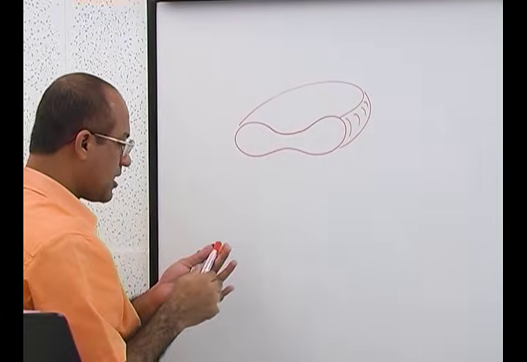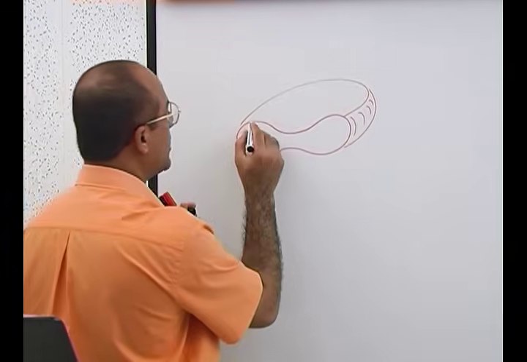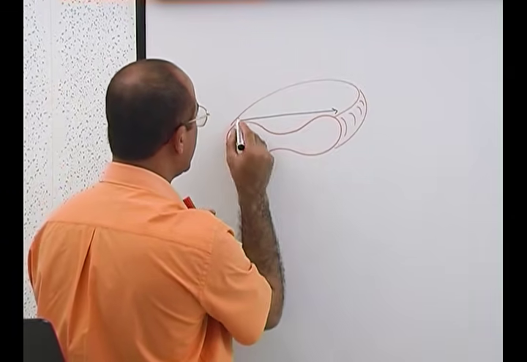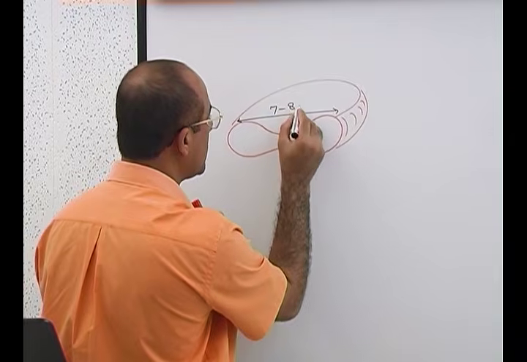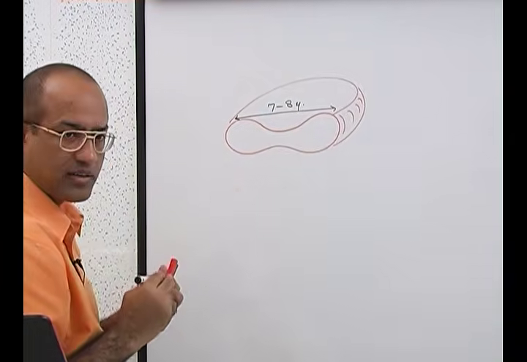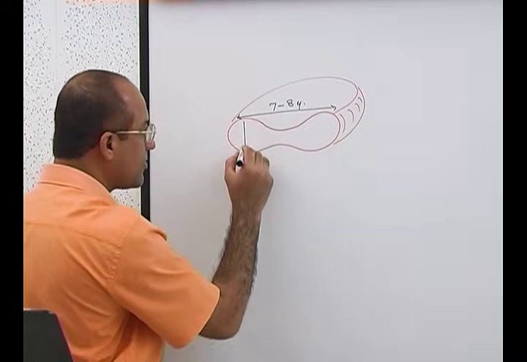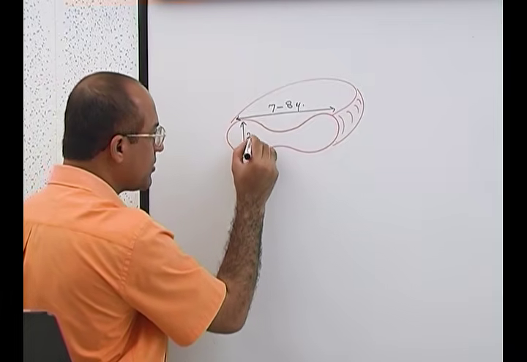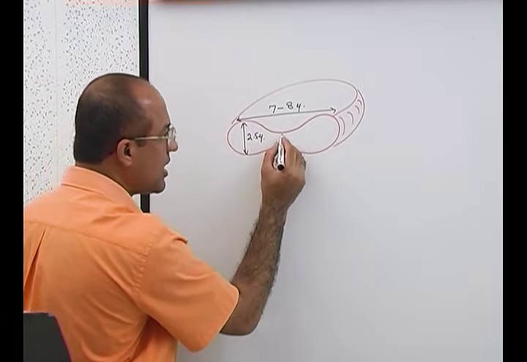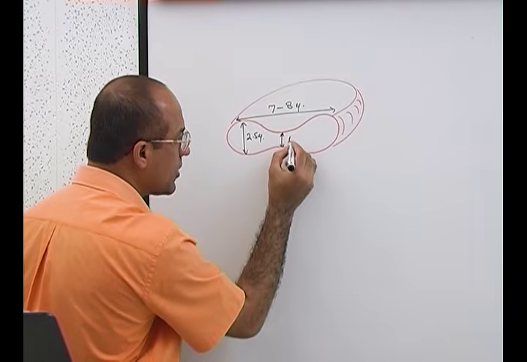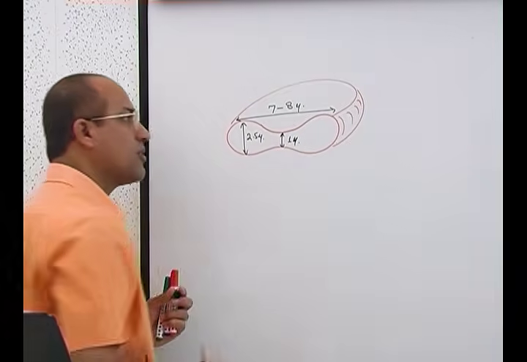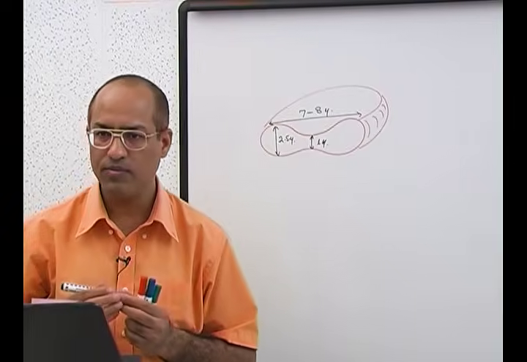The whole diameter is 7 to 8 micrometers, but at the edge it is about 2.5 micron, and in the center it is about 1 micron.